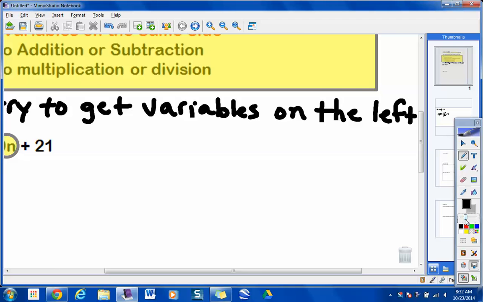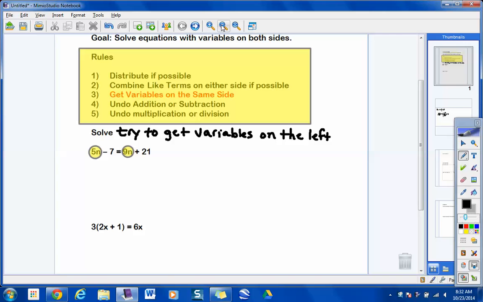Try to get variables on the left, all right? Let's zoom out so you can read that there. Try to get variables on the left. You guys have that statement down? Yeah. Okay.